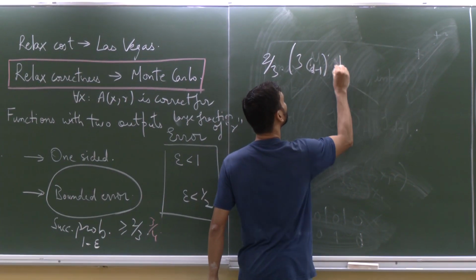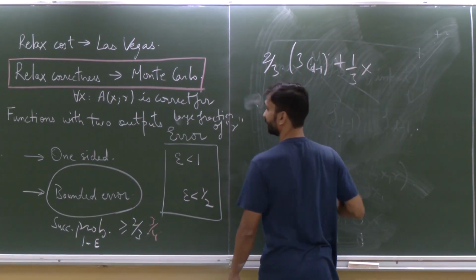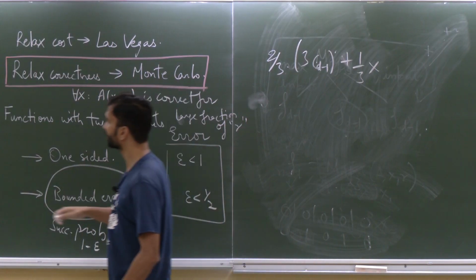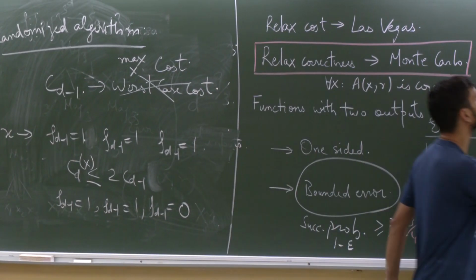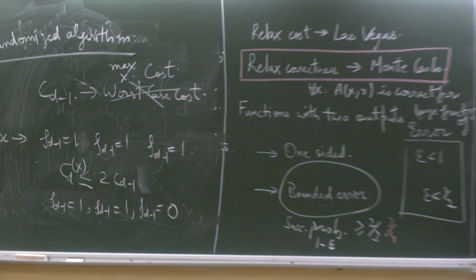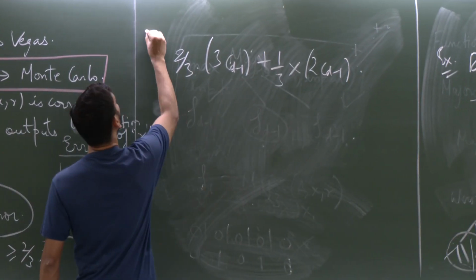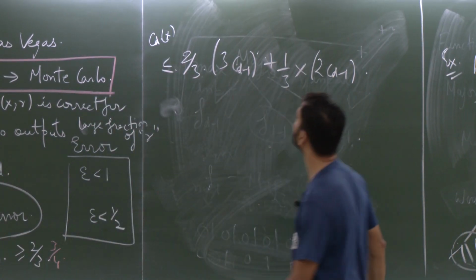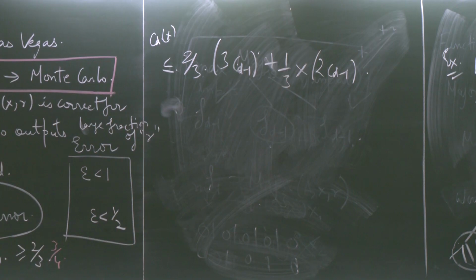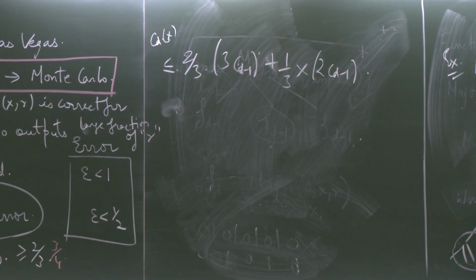But the saving would be 1 by 3 times. I will only look at 2 times c d minus 1. This is clear? So this is the same analysis which you did for f 1, but now there are trees attached.